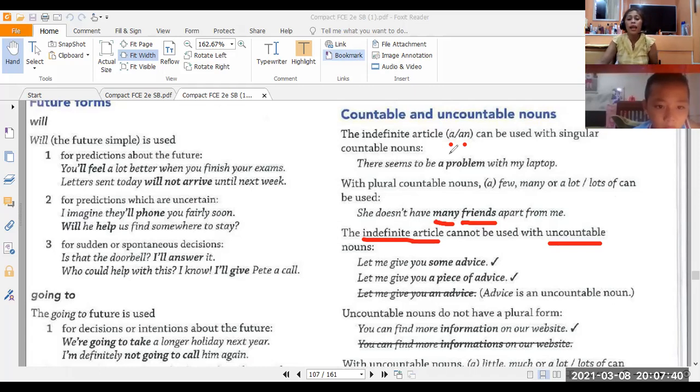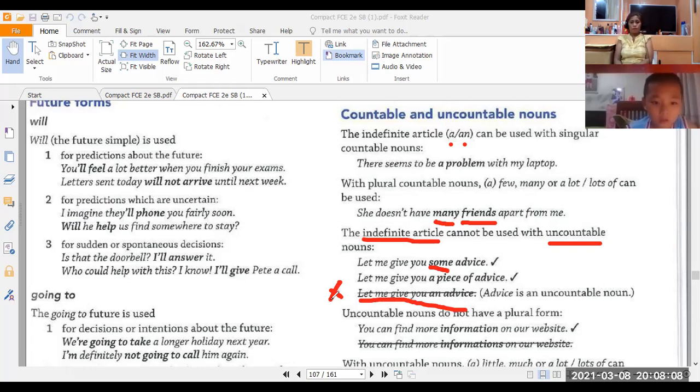Okay, so let me give you some advice. Can you see? There is the word some. You cannot say, let me give you an advice. This is wrong. Advice is an uncountable noun. You cannot count the advice. Can you count advice? No. You cannot say advices.